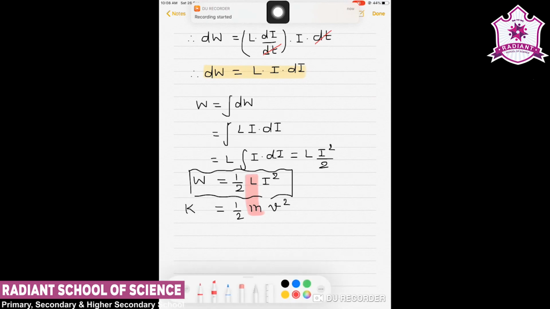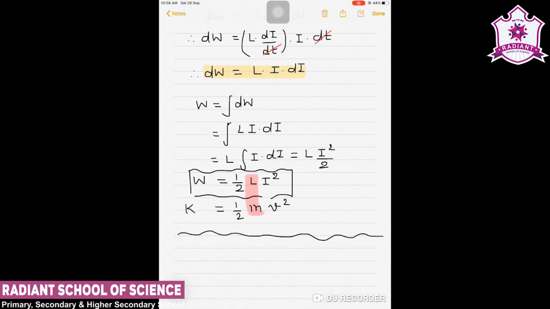Now we will see example number 6.10, which is also based on the same explanation. In this example we are given: obtain the expression for the magnetic energy stored in a solenoid in terms of magnetic field B, area A and length l of the solenoid.